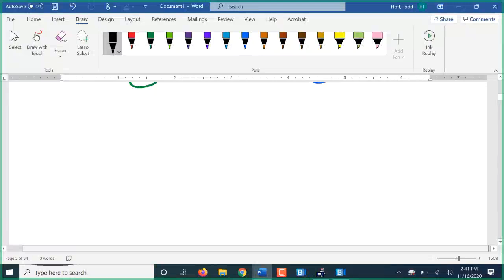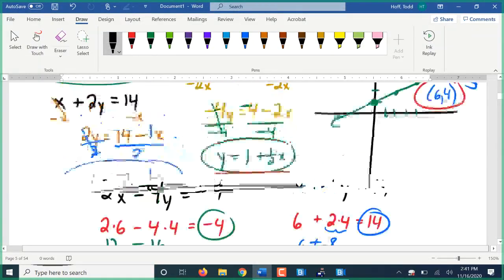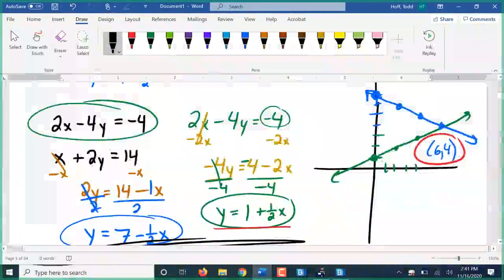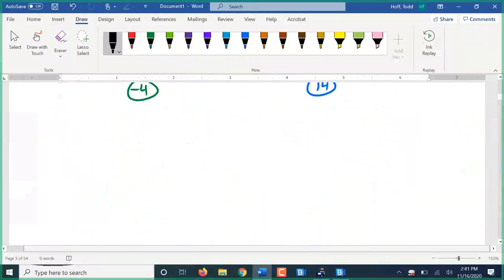Now, as you can see, graphing is not the most precise way of doing things. We mentioned that if we have really large solutions or fraction or decimal solutions, graphing is really a poor way of doing it. So let's take a look at one here that's pretty straightforward.